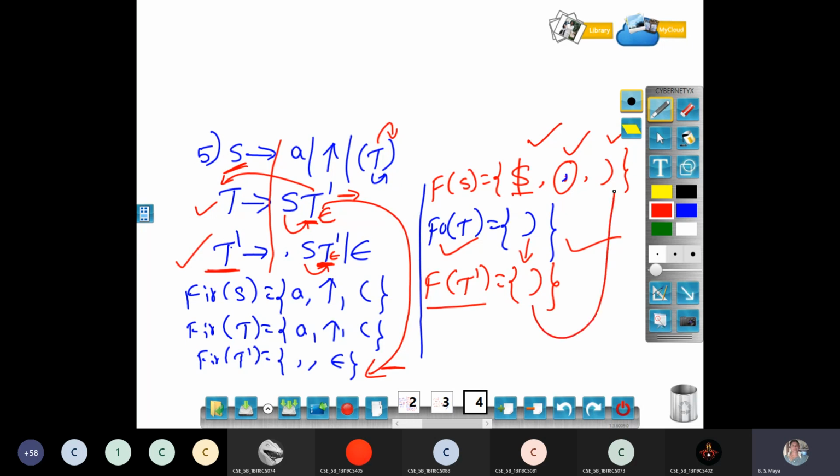This is already included, so no need to insert close parenthesis once again. Okay, this is for your follow set. This is very important. I still need two classes to cover follow set. Then only I will move on to construction of the parse table.